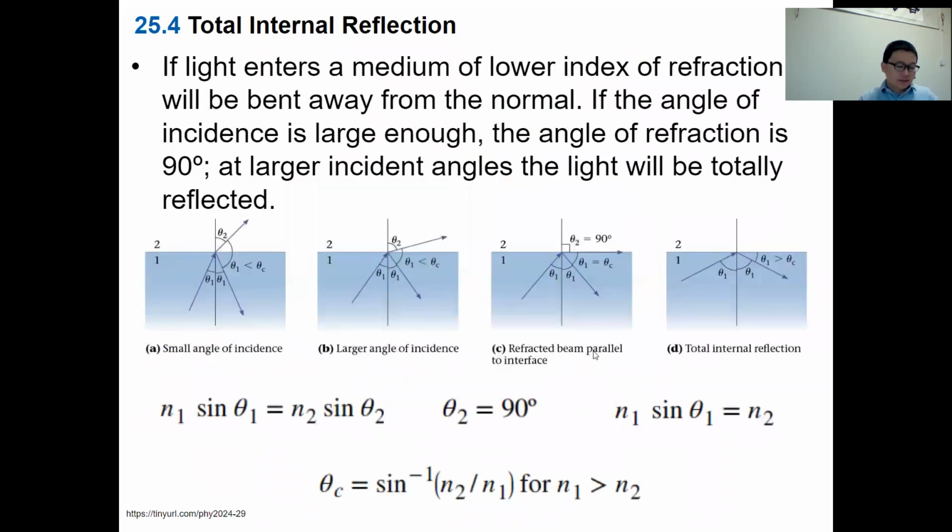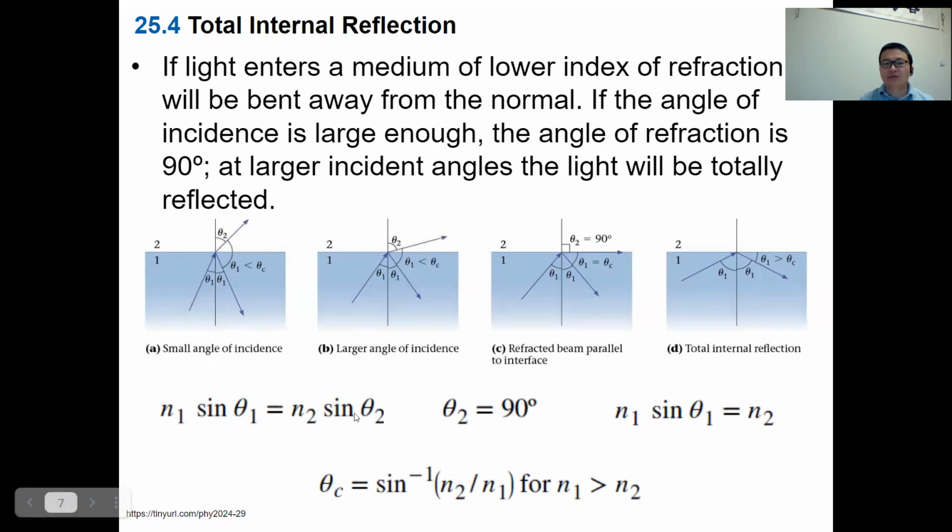In the case where light enters from a medium with a greater index of refraction into one with a smaller index of refraction, theta 1 would be smaller than theta 2 according to Snell's law, because n1 is greater than n2.